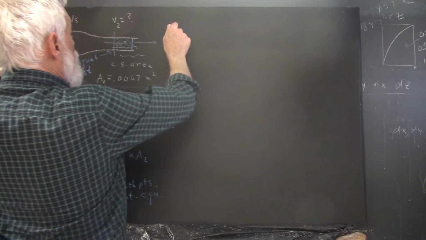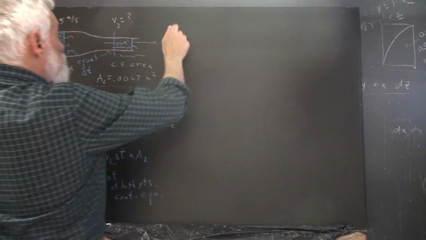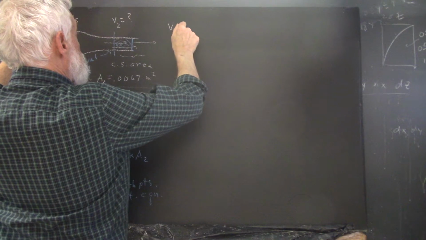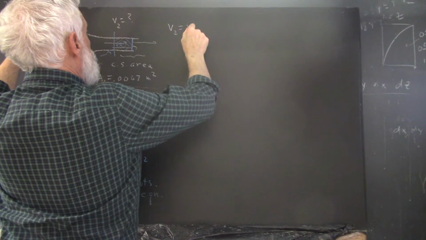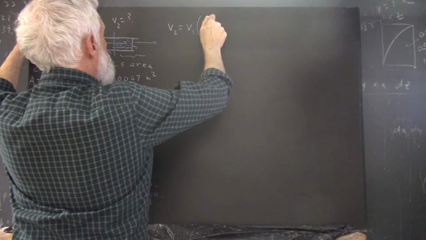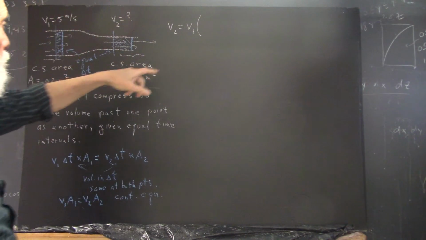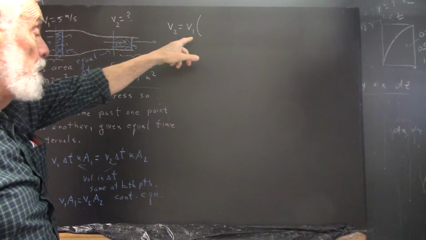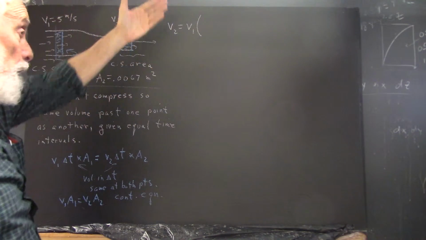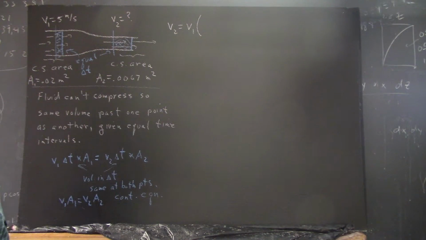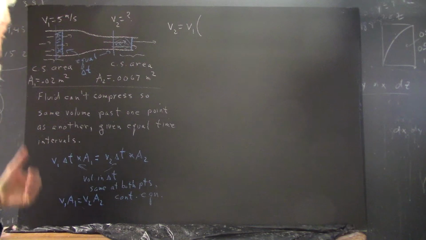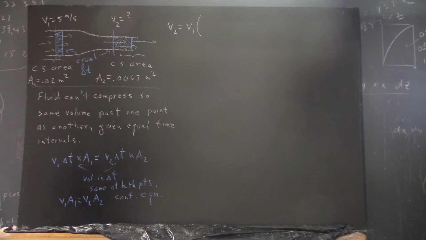Okay, so we got V2 equals V1 multiplied by what? Well, V2 is going to be bigger than V1. We're going to multiply by one area divided by the other.